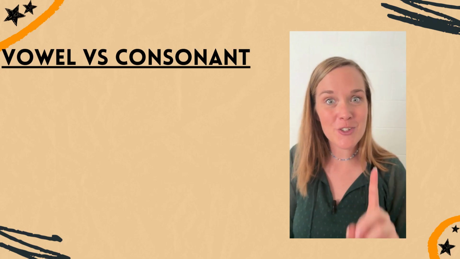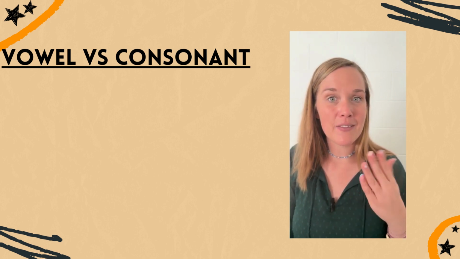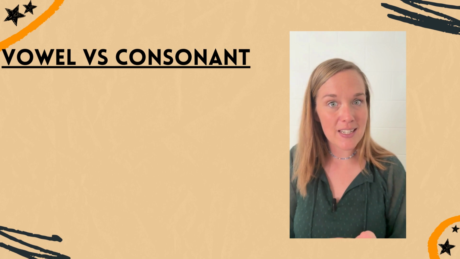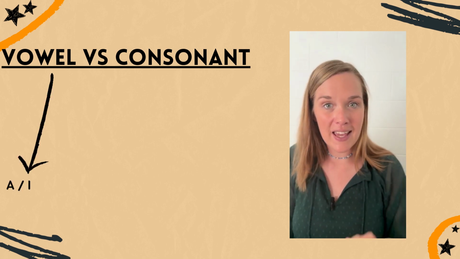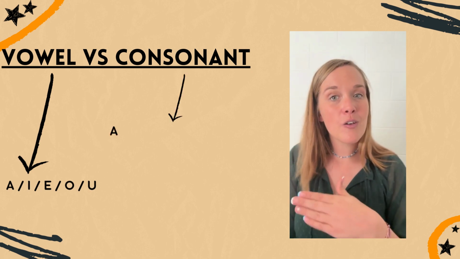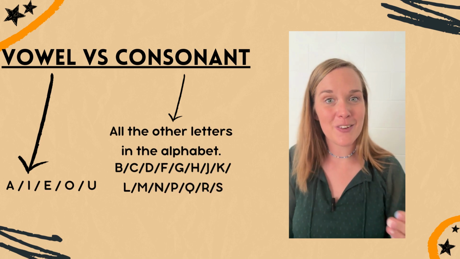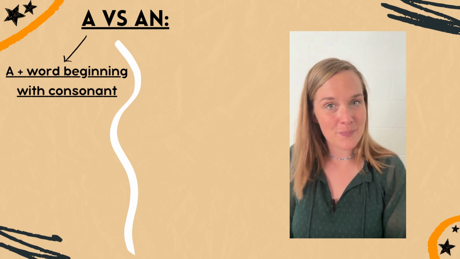Before we start, I just want to check that you know the difference between a vowel and a consonant in English. A vowel is either an A, I, E, O or U. Consonants are all the other letters in the alphabet. A is used with a noun that begins with a consonant.